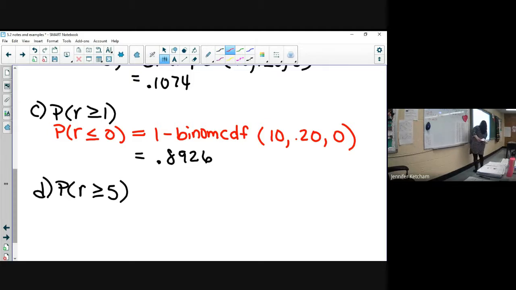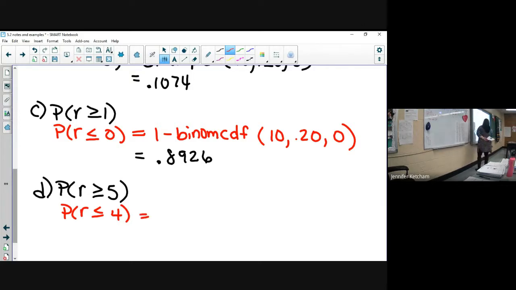So it's going to be the probability that R is less than or equal to, who? 4. Leo's with me. Then minus 1. 5 minus 1, 5. Right? Always n minus 1.